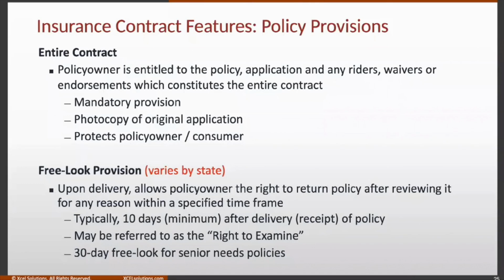The new business department of any insurance company is going to copy the application that you, the selling agent, have submitted to the underwriter. Once the underwriter approves the risk and approves the application, it moves on to the new business department, and they will photocopy that original application you filled out and got all the necessary signatures on, and put a copy of it in the back of the contract before they bind up the life insurance policy.